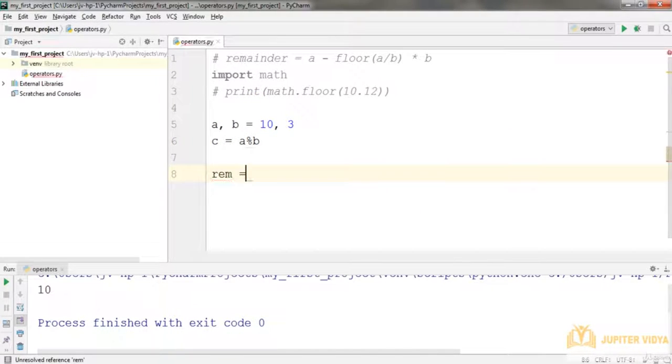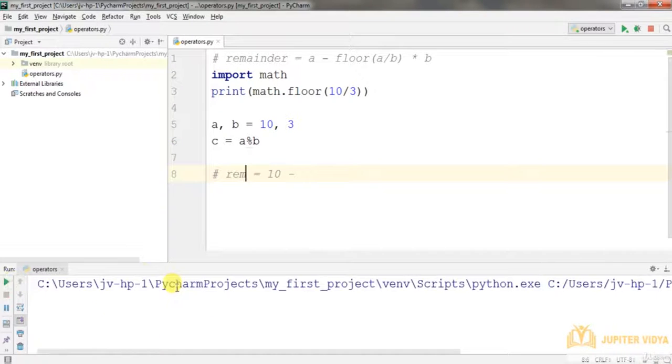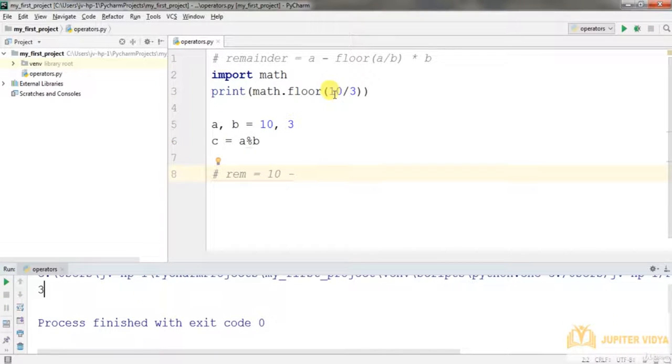So here it should be A, which is 10, minus, so floor of A divided by B. Let me just comment this part here, floor of 10 divided by 3. I'll print it, which is 3. So 10 divided by 3 is 3.33 and the floor value is 3 here. So here it will be 3.